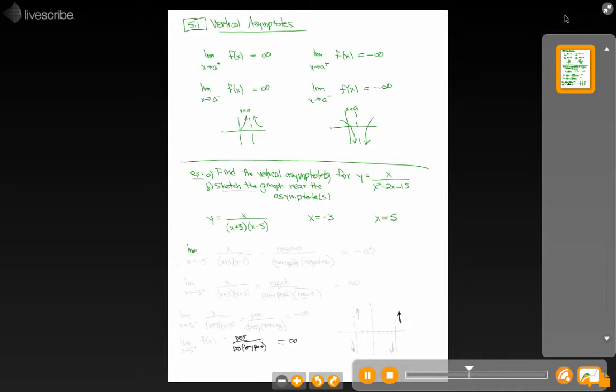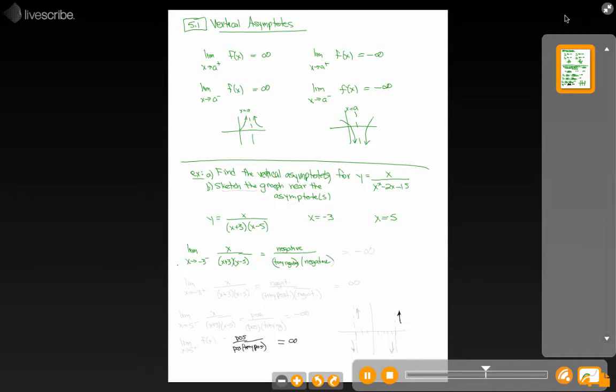So what I do is I say, well, what's the limit as x approaches negative 3 from the left of this function, x over (x plus 3)(x minus 5)? What's that going to look like? Well, I'll have a negative number on top, because negative 3.0001 is a negative number. On the bottom, I'll have a tiny, tiny negative number times another negative number.